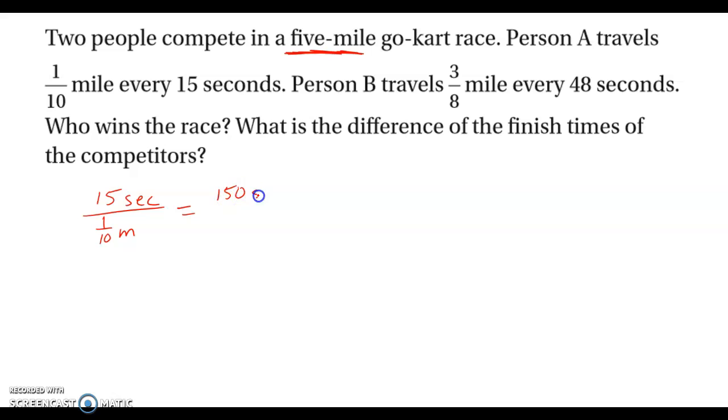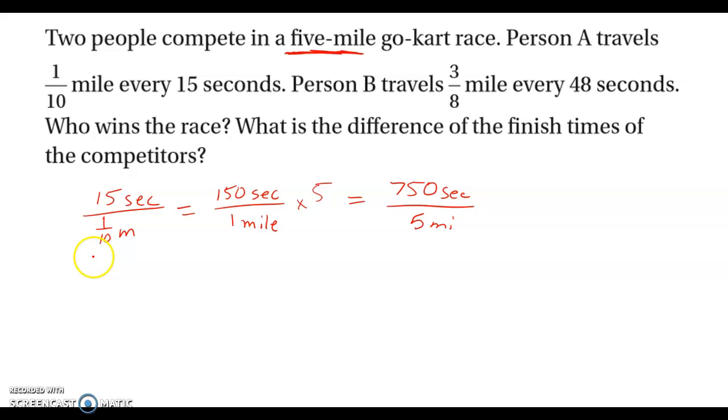So it can go 150 seconds in 1 mile. So how long would that take it to go 5 miles? So if I times that by 5, 150 times 5 equals 750 seconds in 5 miles.